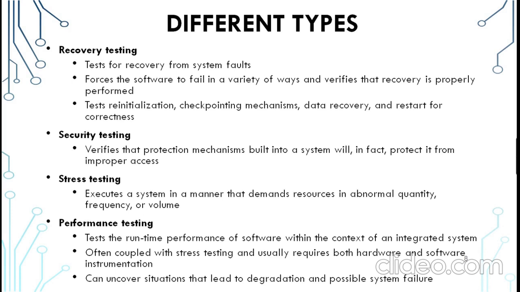Recovery testing tests for recovery from system faults. It forces the software to fail in a variety of ways and verifies that recovery is properly performed. Reinitialization, checkpointing mechanism, data recovery, and restart are also checked for correctness in recovery testing.